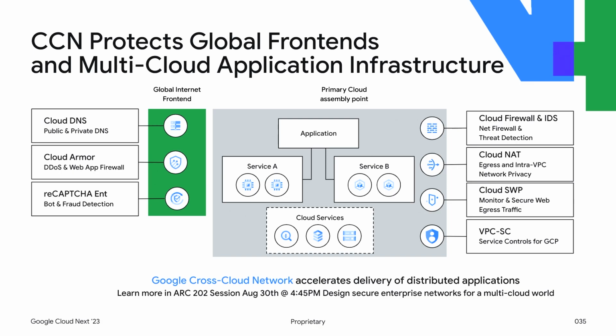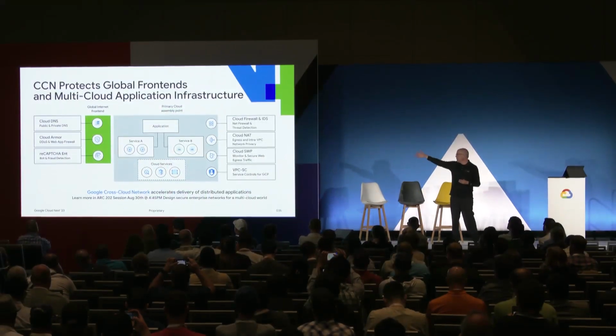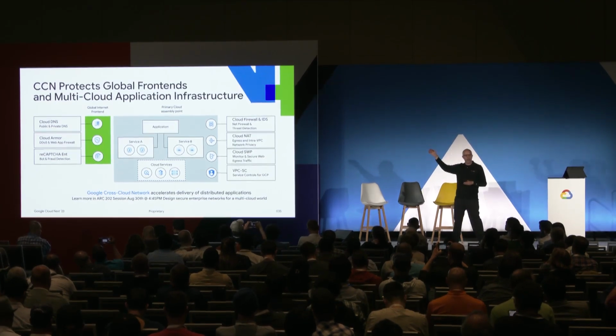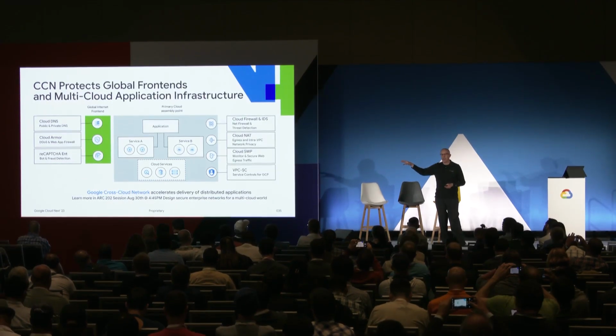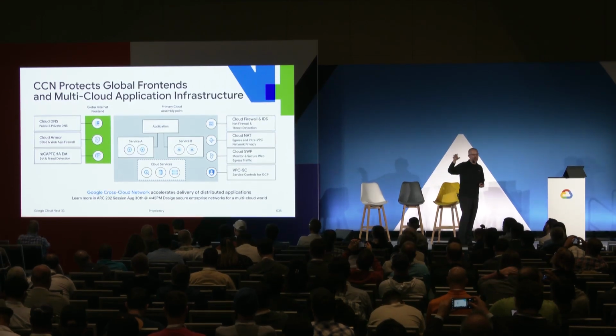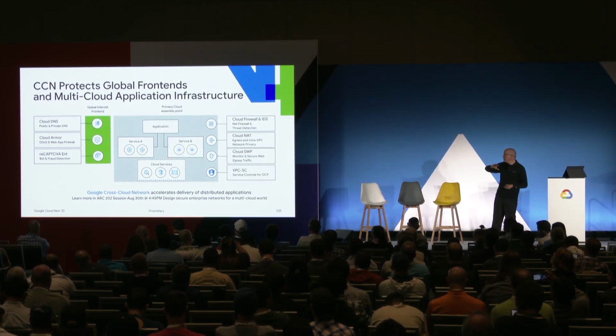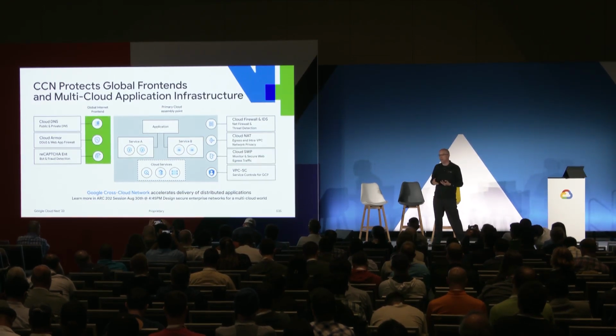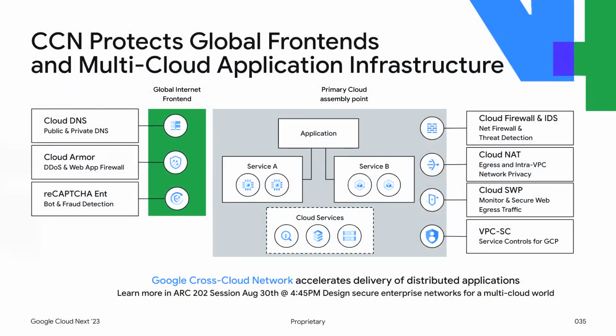Thank you. So just to wrap up, hopefully you've seen we've got a broad set of layered solutions that allow you first to protect the global front end from internet-facing attacks. You've got Cloud DNS for high-scale DNS and DDoS protection, Cloud Armor for network and application layer DDoS protection, reCAPTCHA Enterprise for bot fraud protection, and then Susan just took us through all the solutions for protecting the application infrastructure in our cloud and multi-cloud.